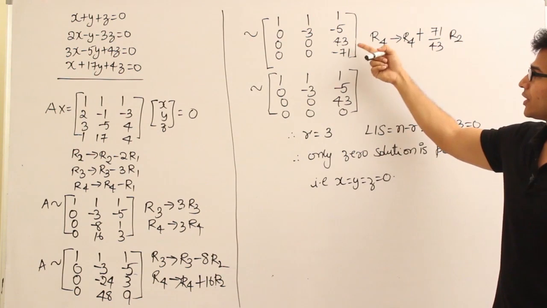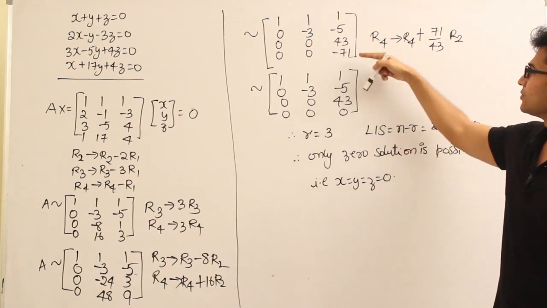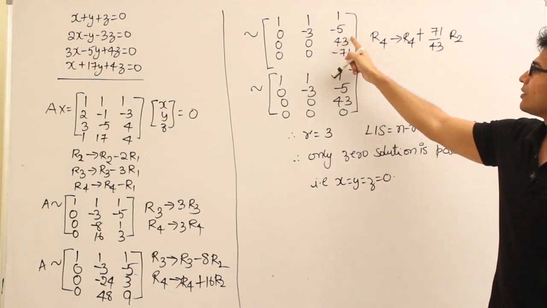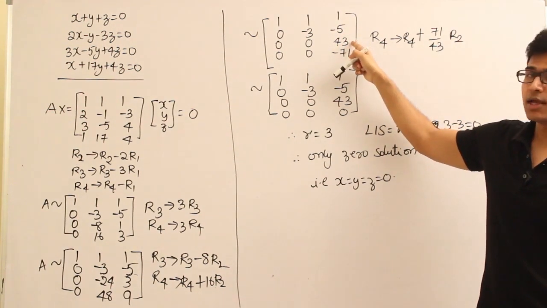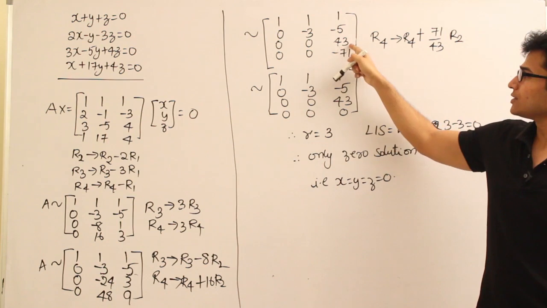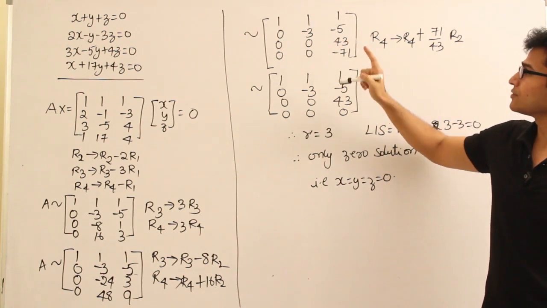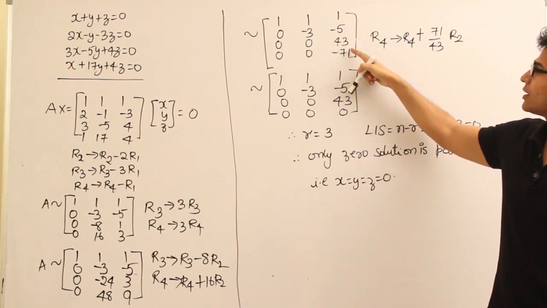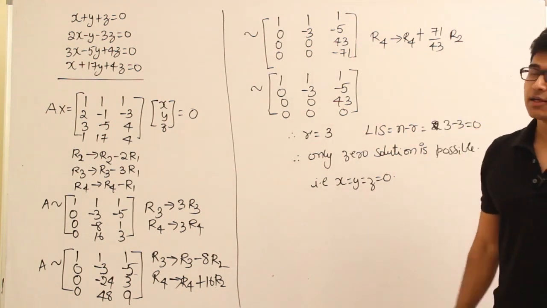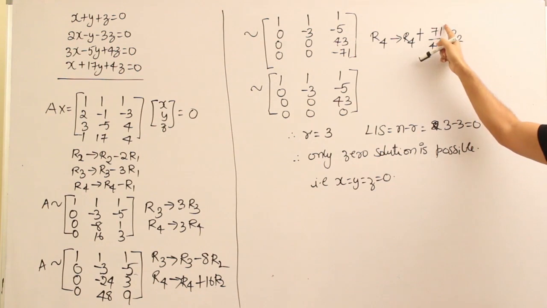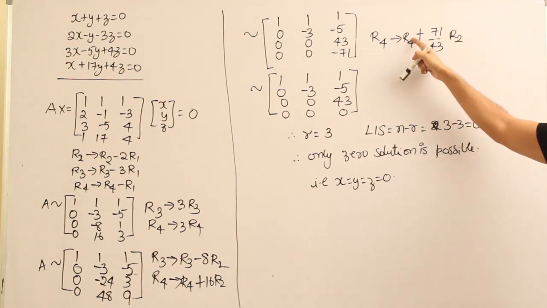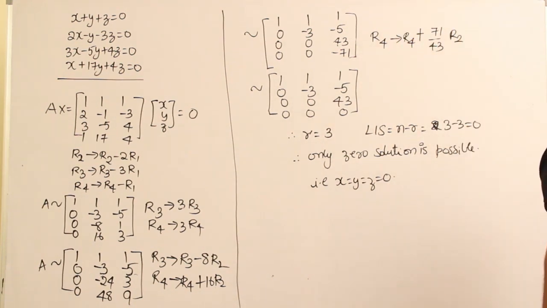Since fractions will not occur here, I am just doing it directly. So I'll be multiplying this one with 43 to make this one 1, and then divide with 43 and multiply with 71 and add the result to R4 and replace it at R4, so that this one will become 0.